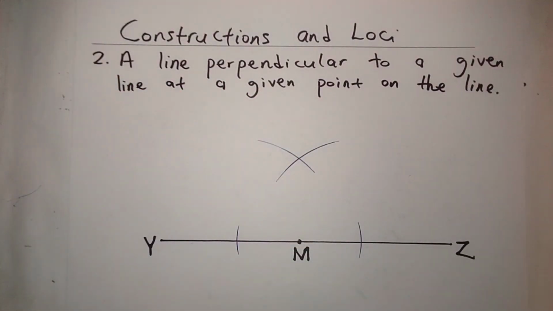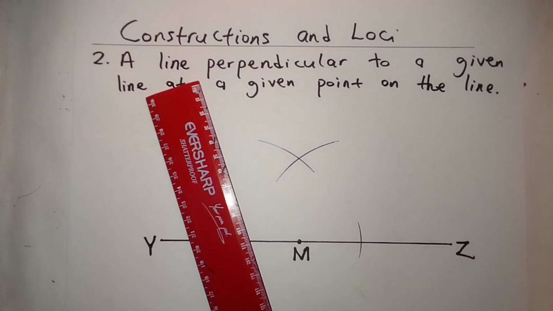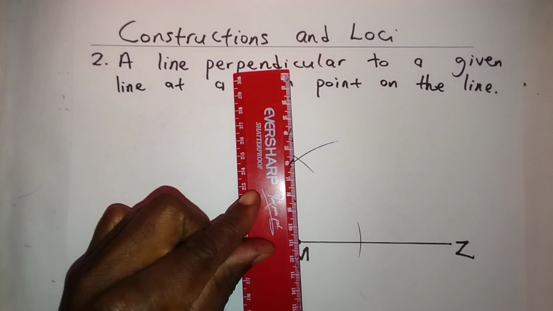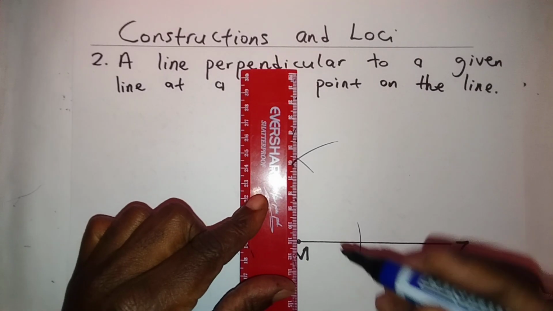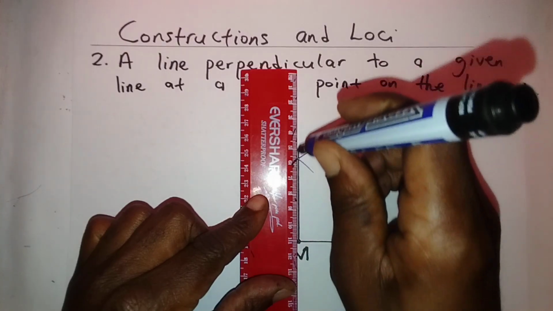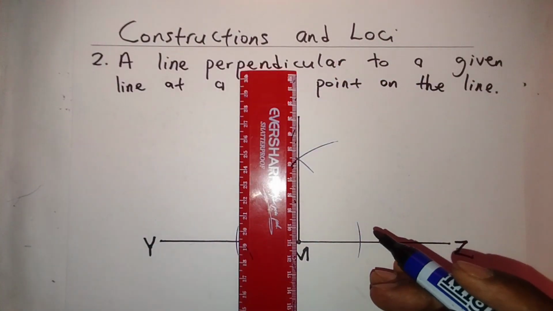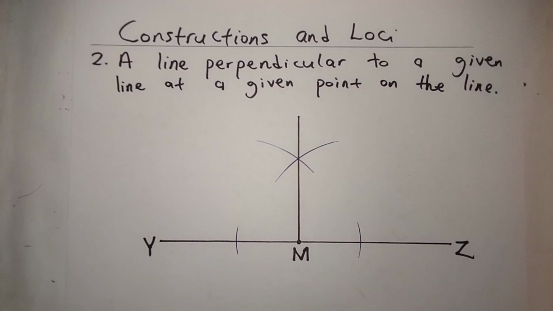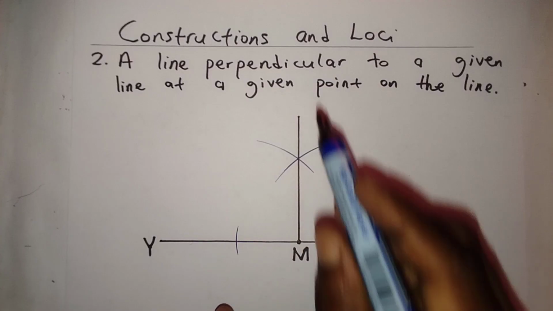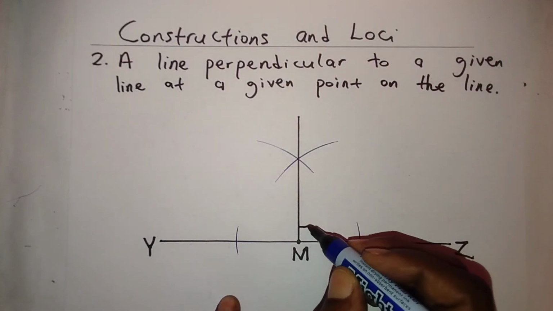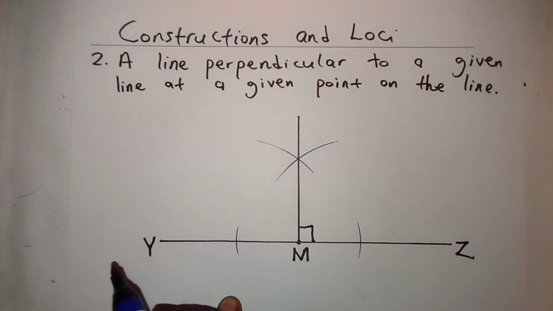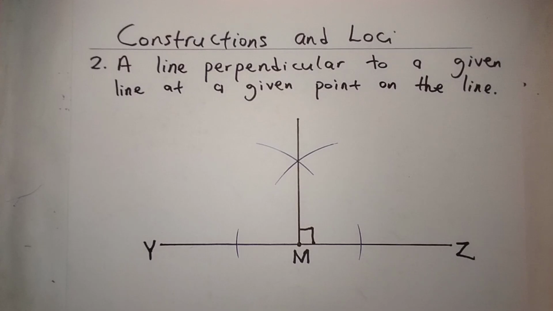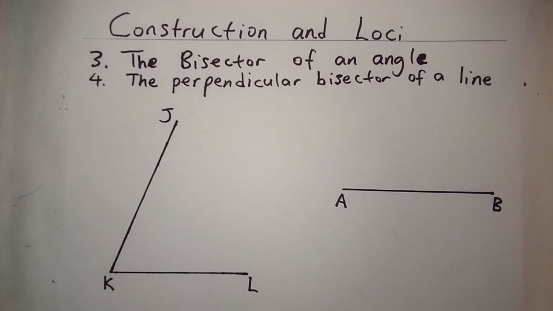Okay, now I'll draw a straight line from M like this right through the point of intersection of the arcs above M. So now I've constructed a perpendicular, which is this one, to a given point M on the line YZ.